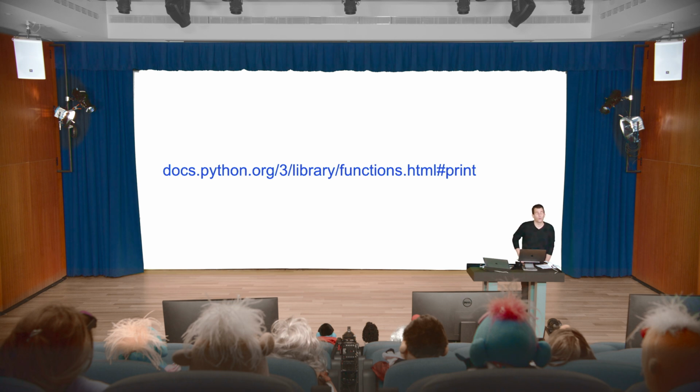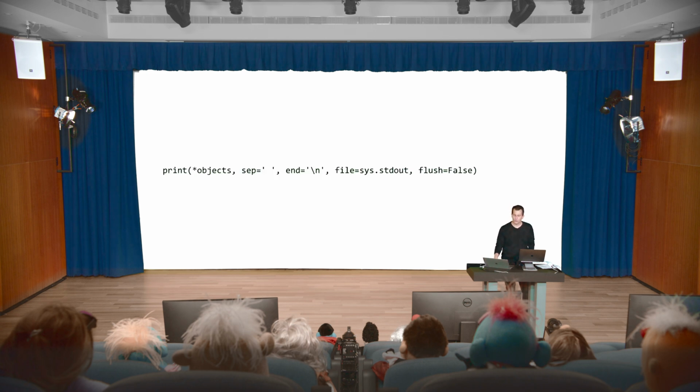Recall our old friend print, which we've been using now for weeks. And when we first looked at the documentation for print way back when, it looked a little something like this. The first argument to print was objects, and I waved my hand at the time at the asterisk at the start of that variable name. But then we had sep for separator, the default value of which was a space.